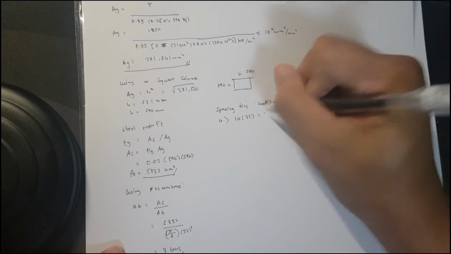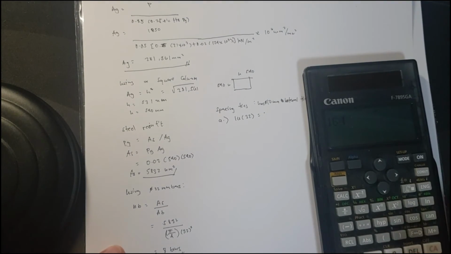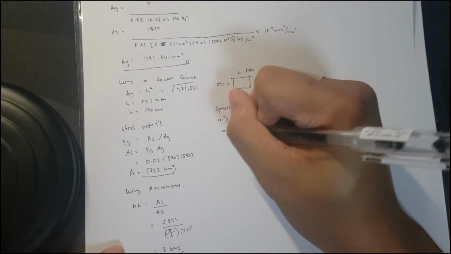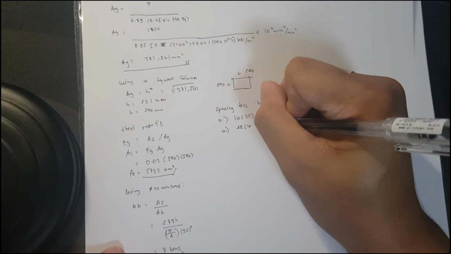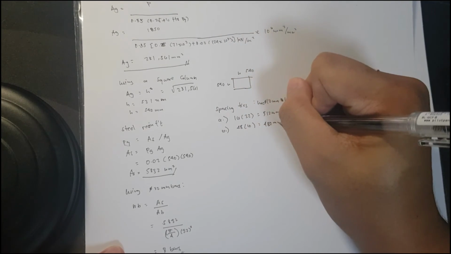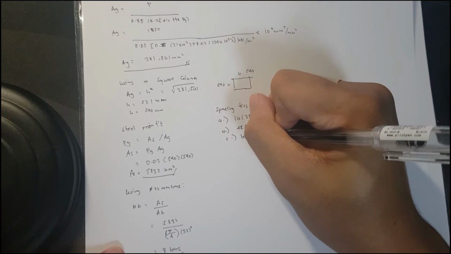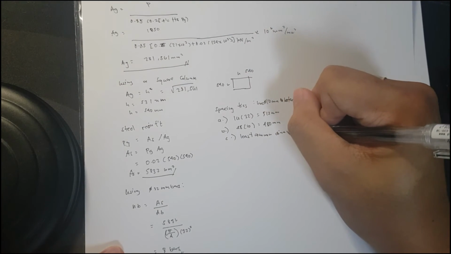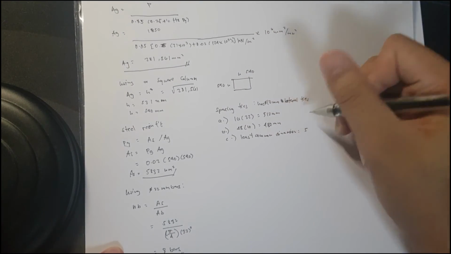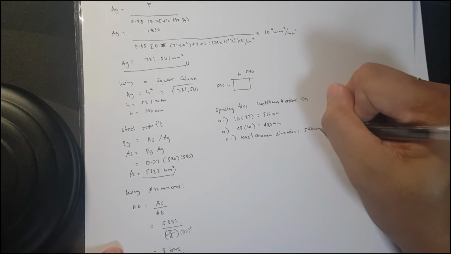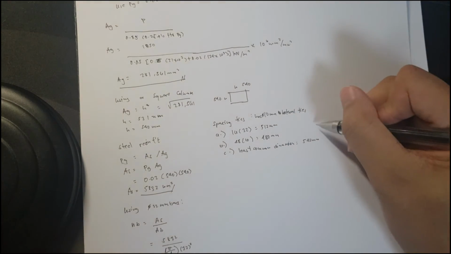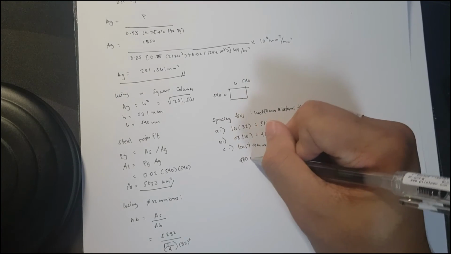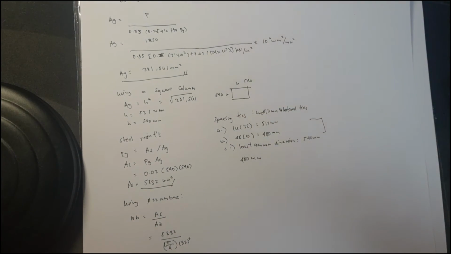So 16 times 32, 512 millimeter yung spacing niya. Sa B naman is 48 times 10, 480 millimeters. And sa C is yung least common dimension natin, which is yung 540 millimeter. So ano yung gagamitin natin sa tatlo na to? Yung pinaka maliit, yung 480 millimeter, yun yung gagamitin natin.